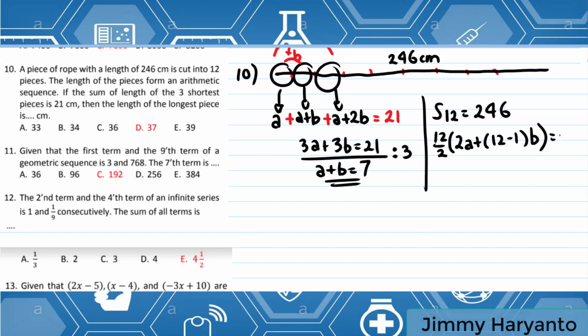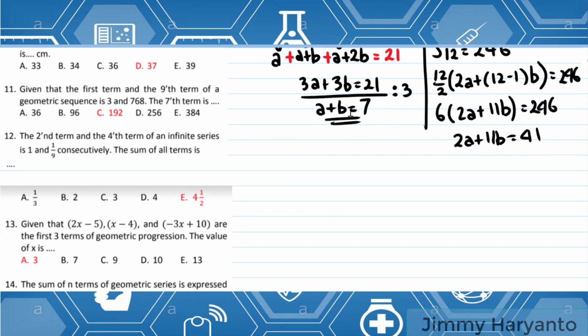We don't know the b yet, so just write b. And then this is 6, 2a plus 11b equals 246. I can move the 6. 2a plus 11b equals 41. And then I have to eliminate this and this.